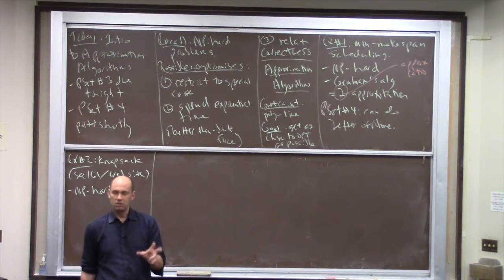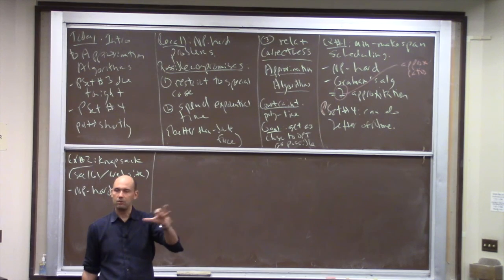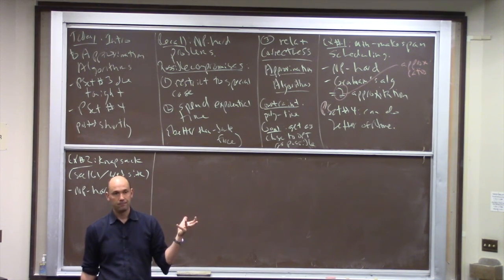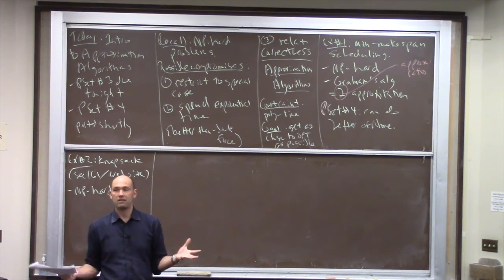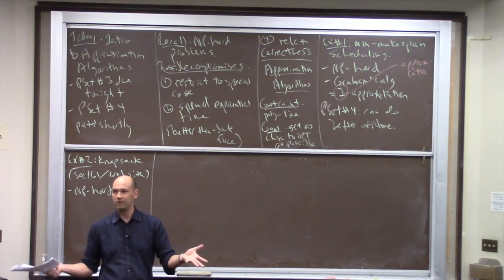But remember, there's a subtle point when the input has numbers, like the weight of an edge, the capacity of an edge, or the value or the weight of an item in knapsack. If the weight of something is 1,000,000, what's the input size? Well, the input size is just how many keystrokes it takes to type in the input to feed it to a program. And you only need 7 keystrokes to type down the value of 1,000,000.